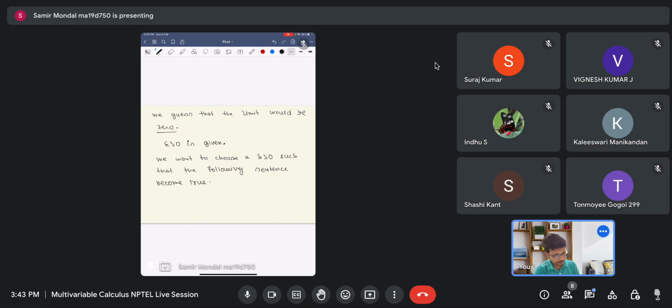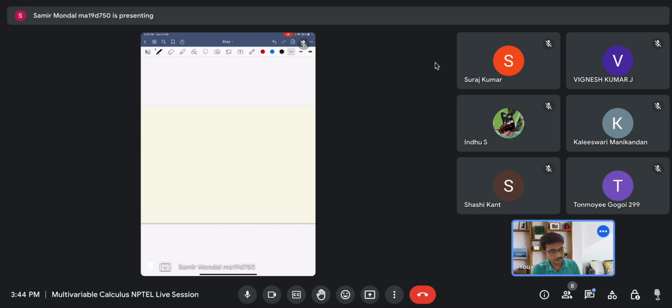Which sentence? If this is satisfied, then the distance between the functional value and 0 should be less than epsilon. Is it fine? Now this is our aim. We want to choose a delta greater than 0 such that this sentence is true. It means that in this disc, if we choose some (x, y) in this disc, the distance between the functional value and 0 should always be less than epsilon. We have to choose one delta. Is it fine?